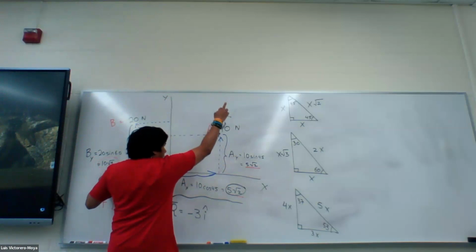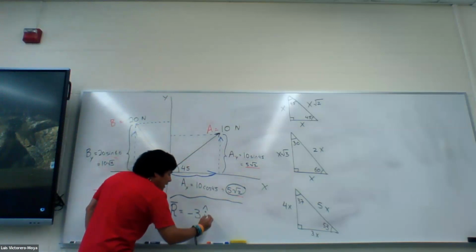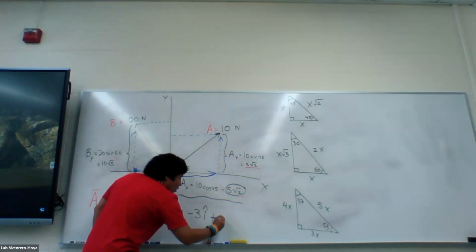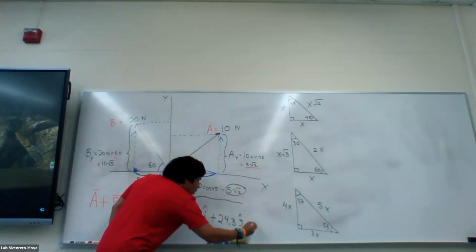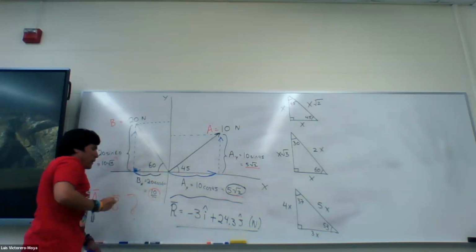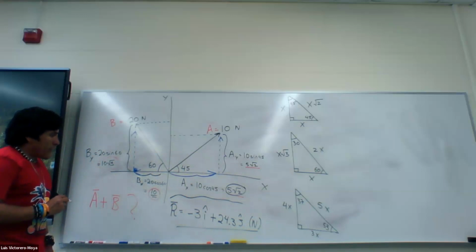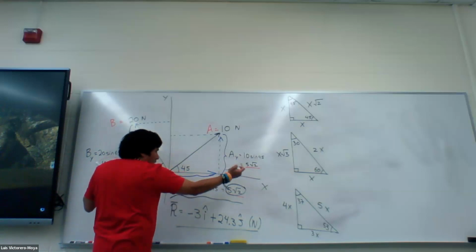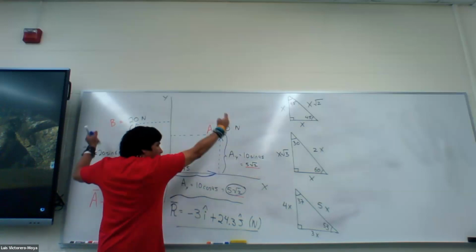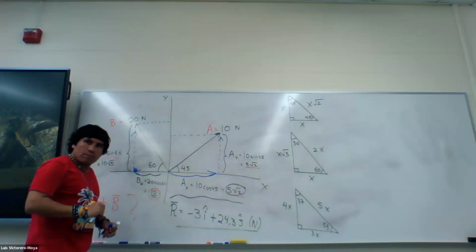So this up and this up is approximately, you add them, 24.3 j newtons. That will be your vector resultant. I subtracted these two, because they're opposite, and I added these two, and that's it.